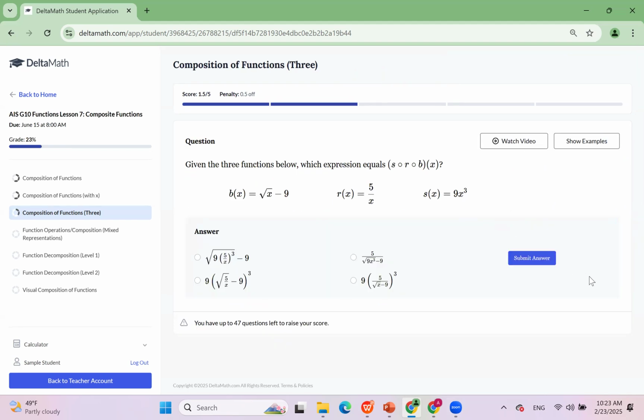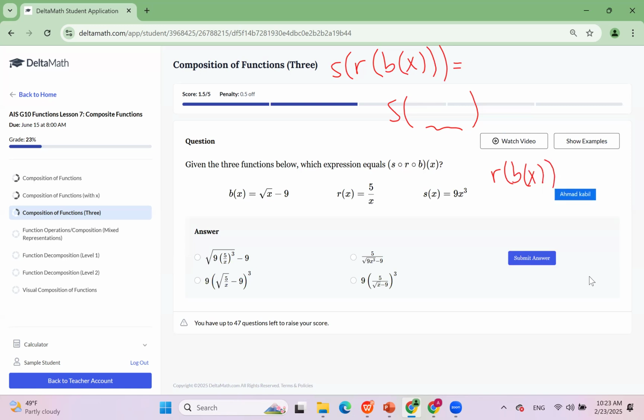Let's try another one. So here we are required to get s of r of b of x. So in order to do that, we want to get s of something, and this something here is r of b of x. So what is r of b of x?